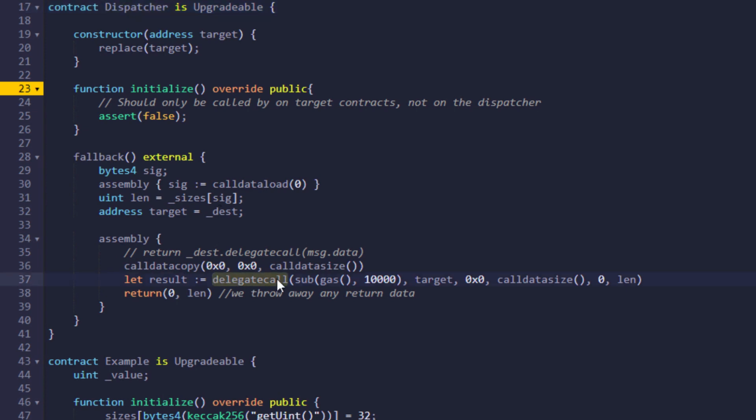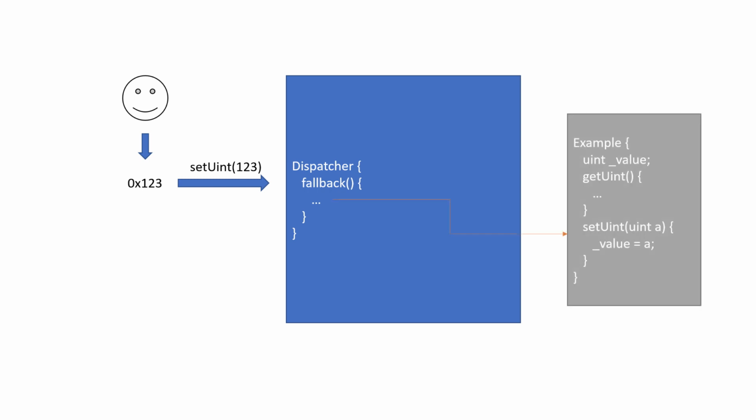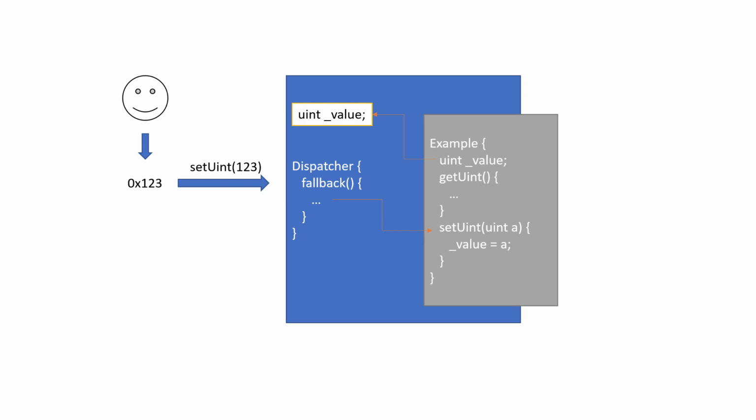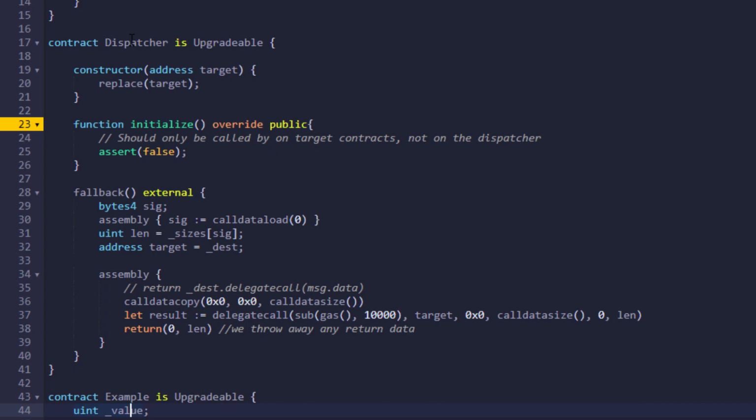A delegate call is taking the logic that is running on a target address and executing it in the scope of the contract that calls it. So if the dispatcher is calling the target address, in this case example, and in example you're writing a value, then that value will be stored inside the dispatcher, and the dispatcher will be the interface to the user.